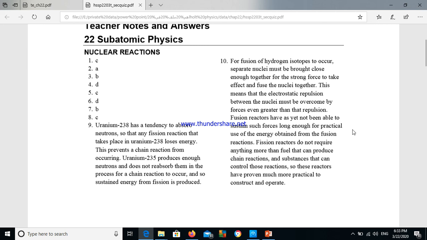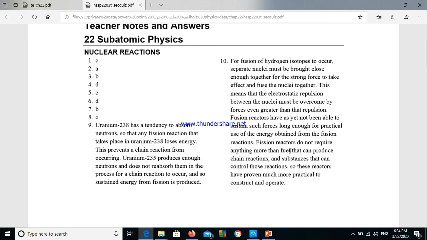This means that the electrostatic repulsion between the nuclei must be overcome by forces even greater than the repulsion. Fusion reactors have as yet not been able to sustain such forces long enough for practical use of the energy obtained from the fusion reactions.